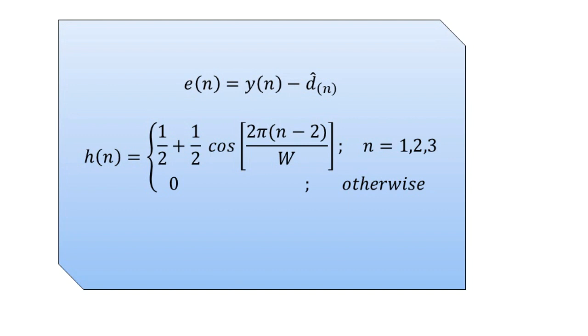Otherwise it takes the value 0. Additionally, to controlling the amount of distortion introduced by the channel, the parameter w that we see in the denominator of the first condition will affect the eigenvalues of the autocorrelation matrix capital R suffix x of the received signal x of n.